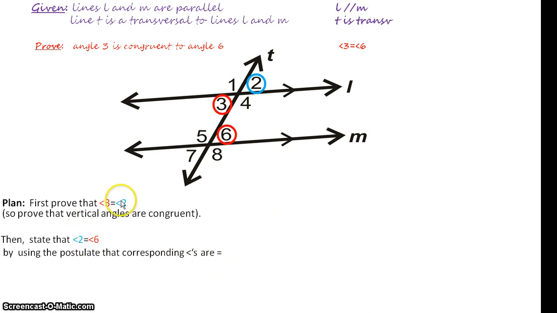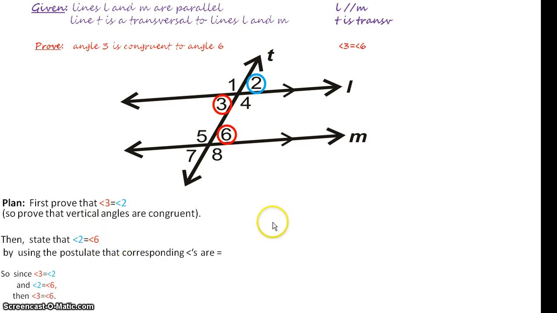So once we've done these two things, we can say, since 3 is congruent to 2 and 2 is congruent to 6, then 3 is congruent to 6.